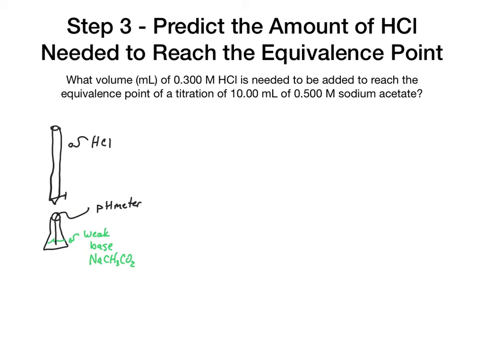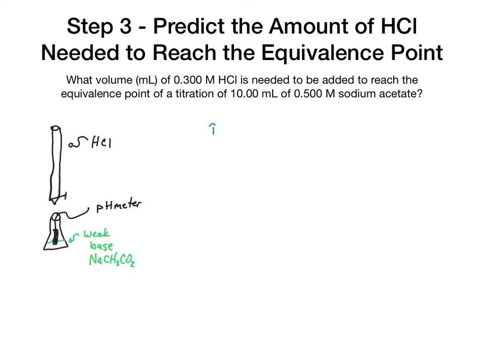So weak acid, weak base titrations use a pH meter instead of an indicator to monitor the course of this reaction. But the same thing is happening with the reaction that we've talked about in the past. And so we want to figure out approximately when the end point of this titration will be.